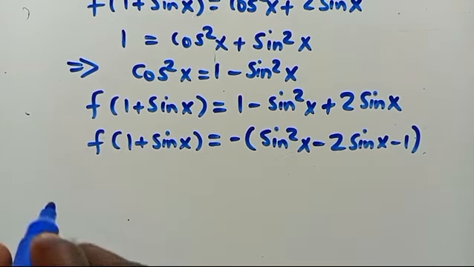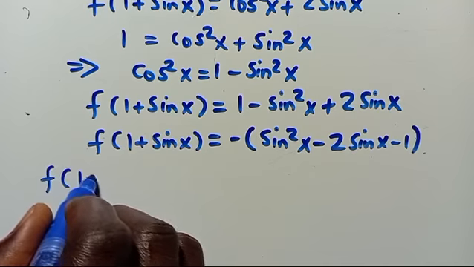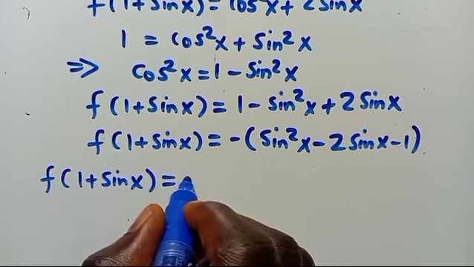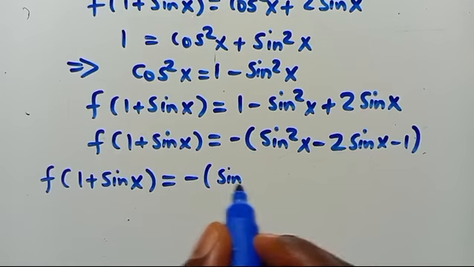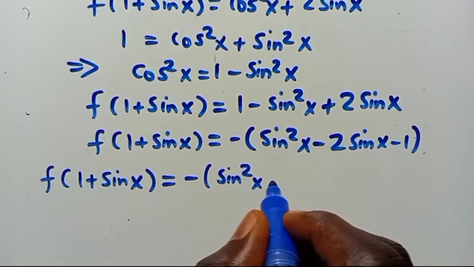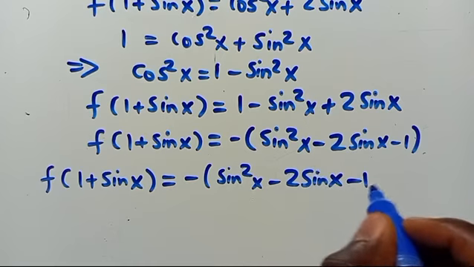So from here we have f of 1 plus sin x to be 1 into minus 1, open parenthesis, sin²x minus 2 sin x minus 1.